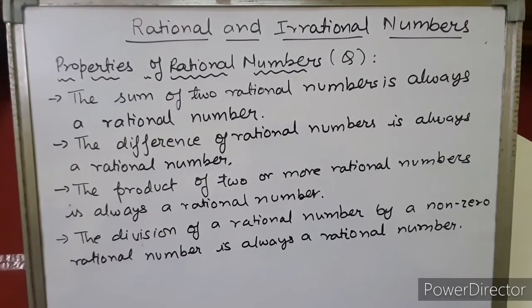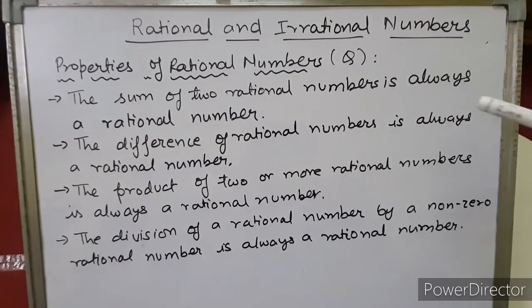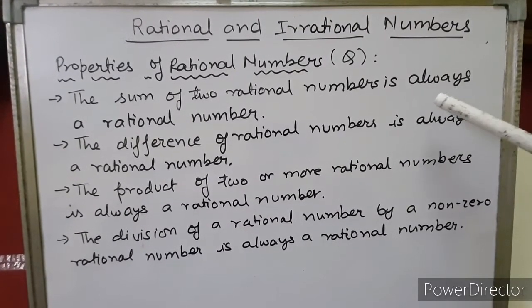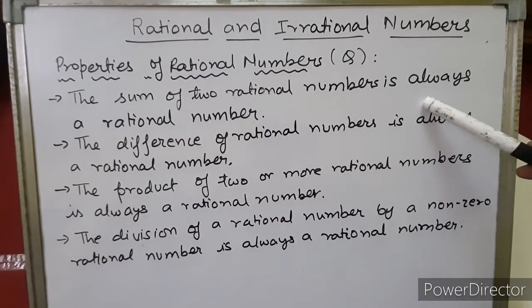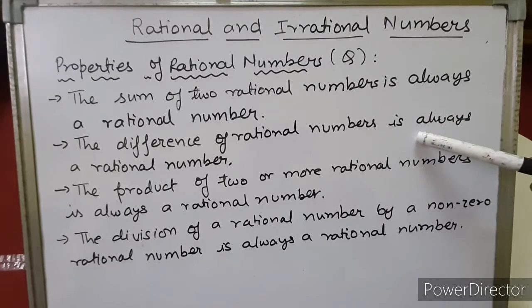Now children, let's see the properties of rational numbers. If we add two rational numbers, the sum will always be a rational number. If we subtract two rational numbers, the difference will also be a rational number. Likewise, if you multiply two or more rational numbers, the product will also be a rational number.